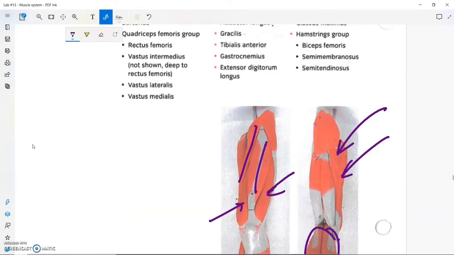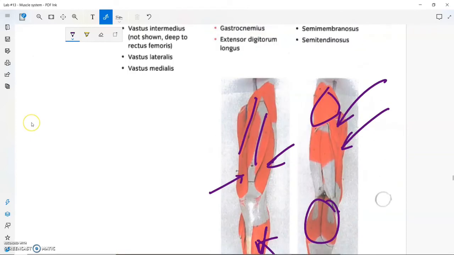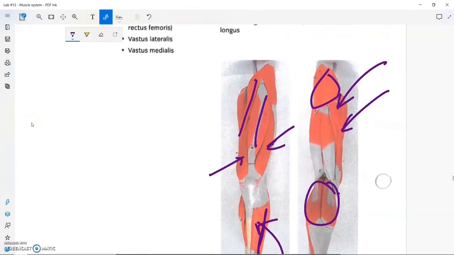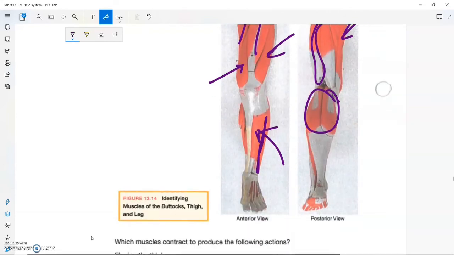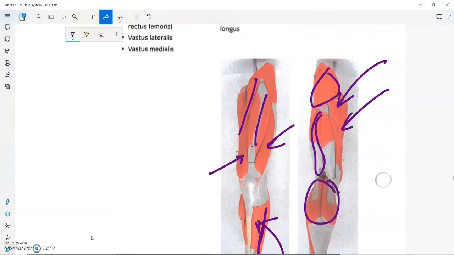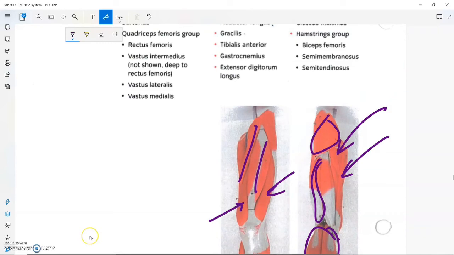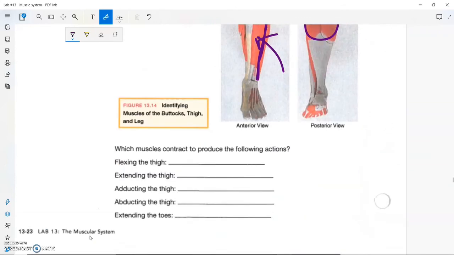Gluteus maximus is the muscle of the buttock right here. And hamstring group: biceps femoris will be this lateral muscle, and semimembranosus and semitendinosus. They overlay each other.